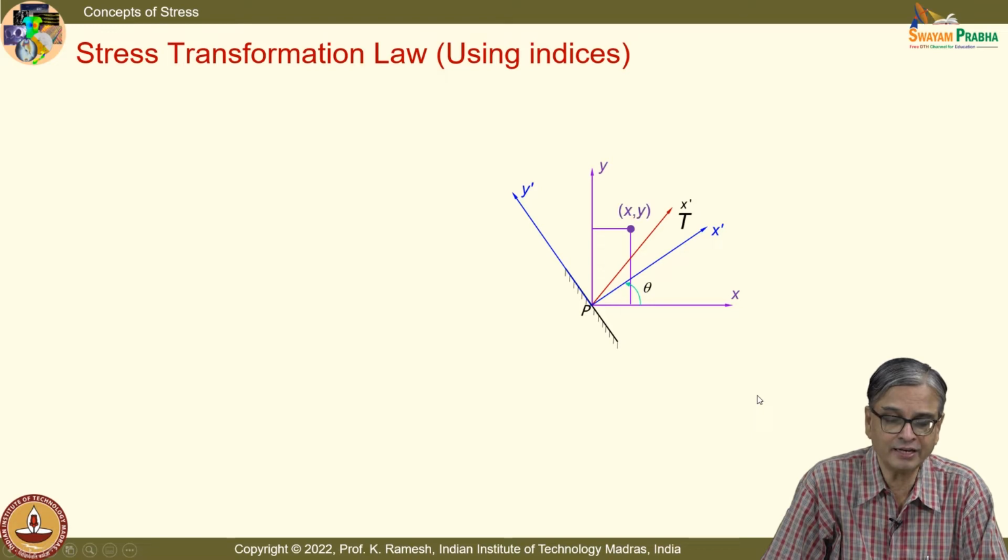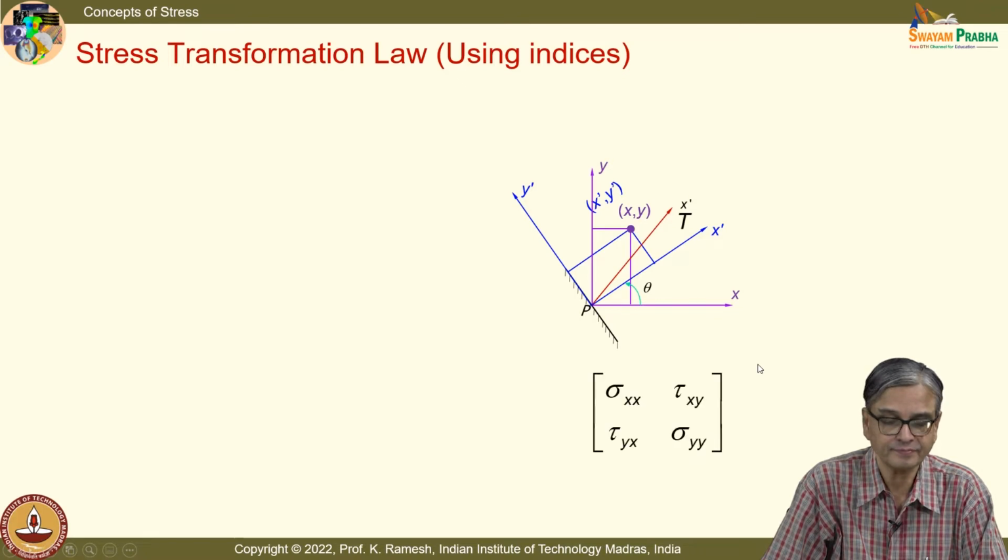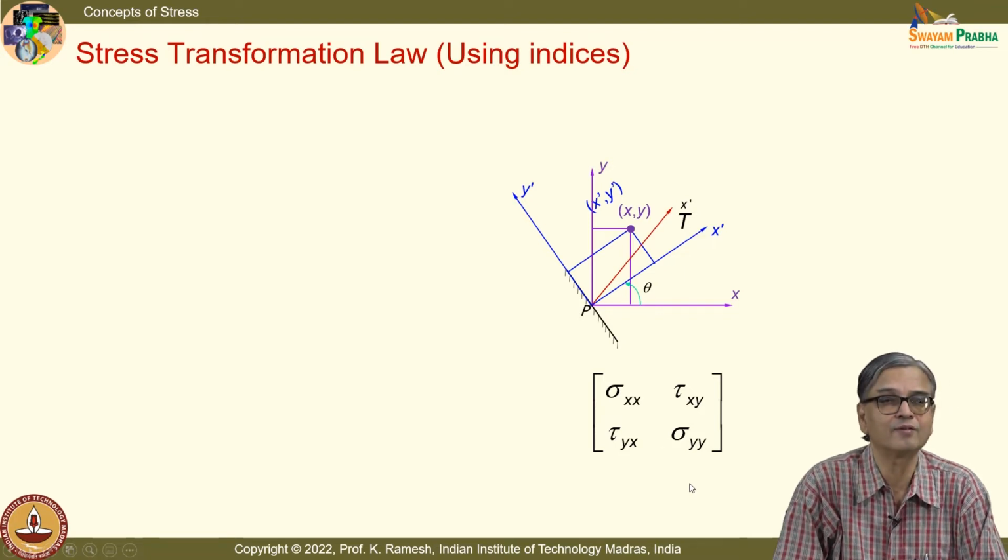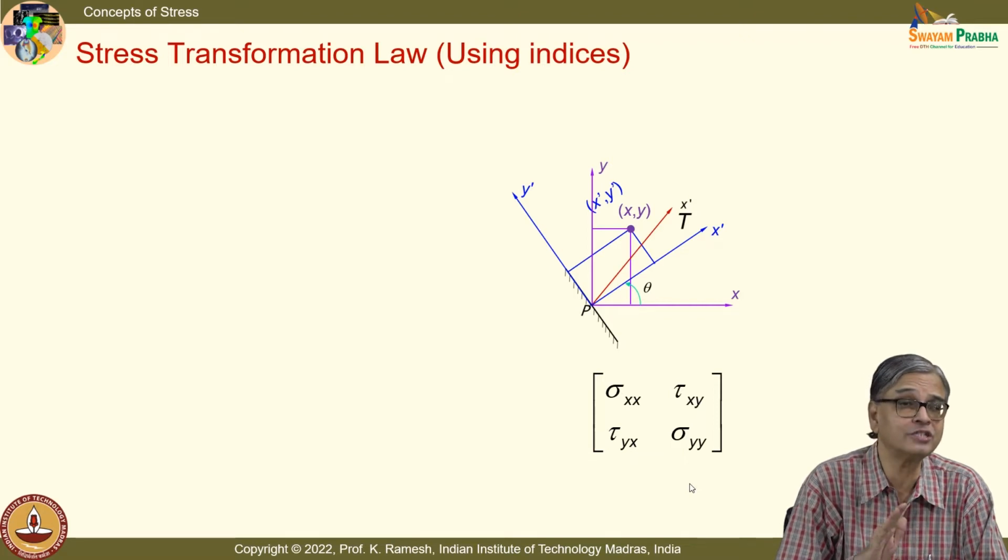You are given the stress tensor at that point, and you also have knowledge of how to express x prime y prime in terms of x, y. And note the way that I have written it. What is it that I have written? I have written it in the way we originally developed.